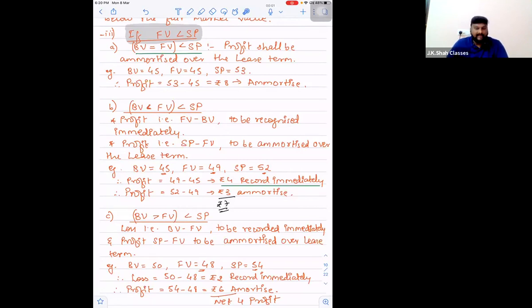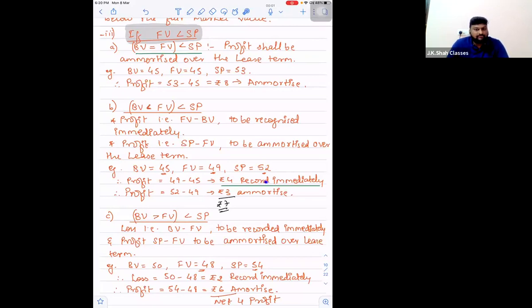Correct? Example: book value 45, fair value 49, sold at 52. Technically, 52 minus 45, 7 rupees is profit. But the entire 7 rupees, I cannot put it to P&L. Reason, some part of my selling price is greater than fair value.